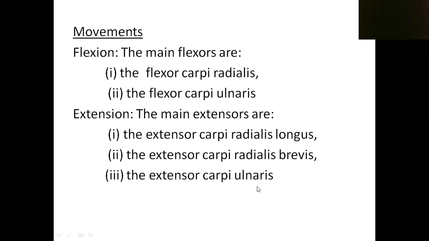Then extensor carpi ulnaris along with the ulna. Okay, so this extensor muscle runs along with the ulna, then it crosses the carpal bones, so extensor carpi ulnaris. Here it is related to the carpal bones and runs along with the radius. So extensor carpi radialis longus, extensor carpi radialis brevis, extensor carpi ulnaris.